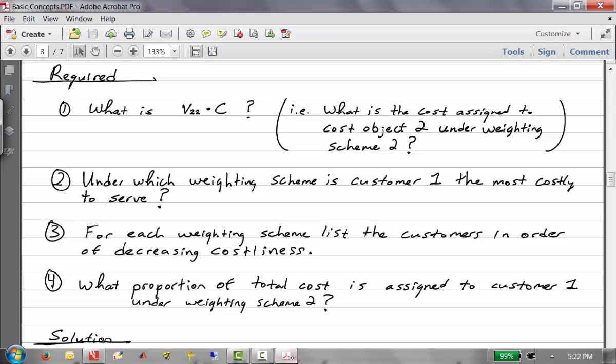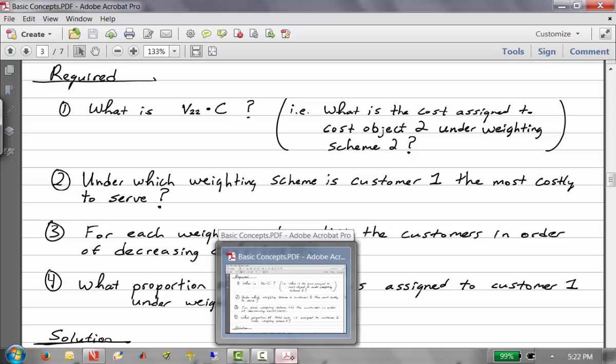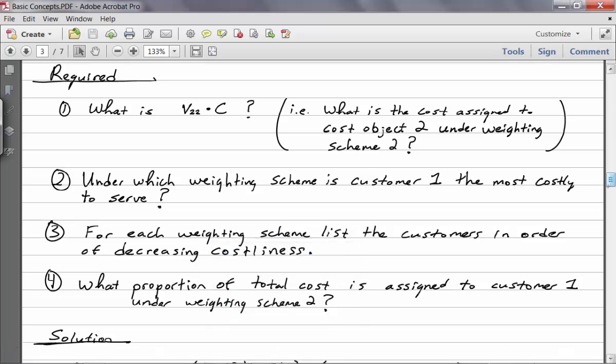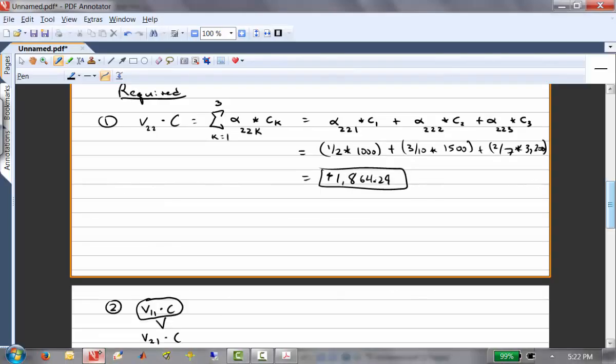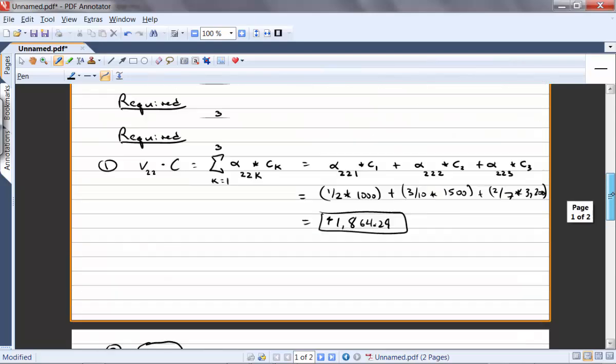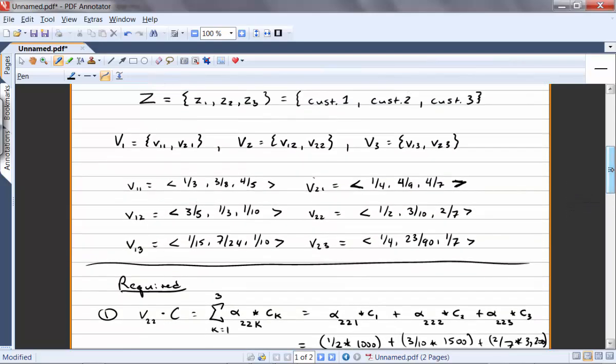And then for the third question, for each weighting scheme, list the customers in order of decreasing costliness. So for weighting scheme 1, which of these customers is most costly to serve? We're going to compare these three.